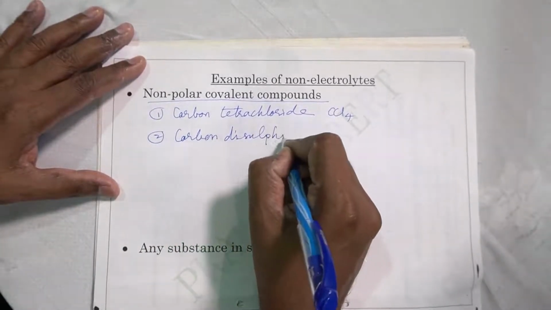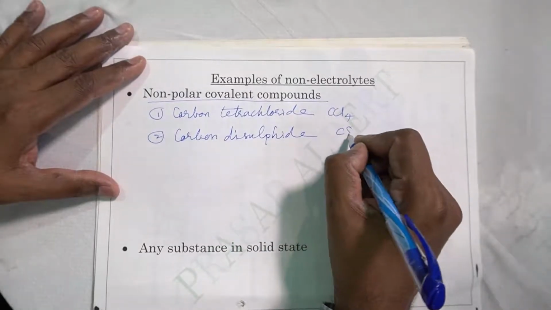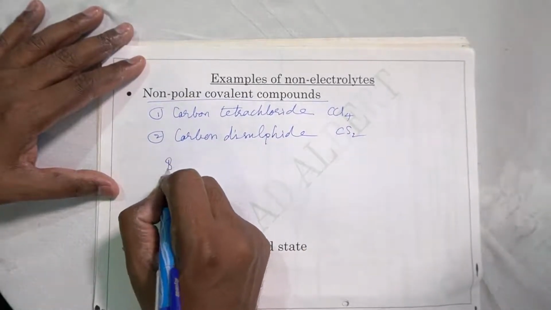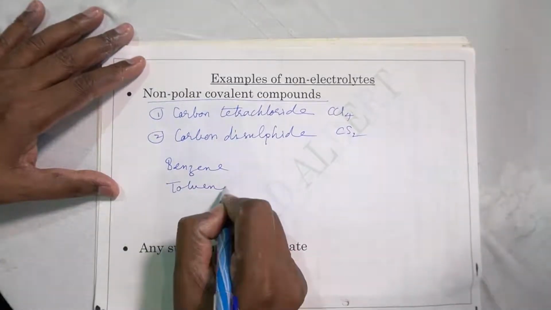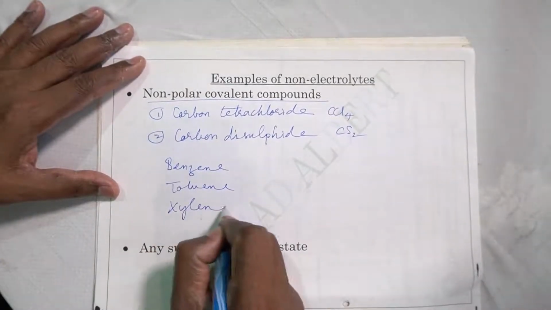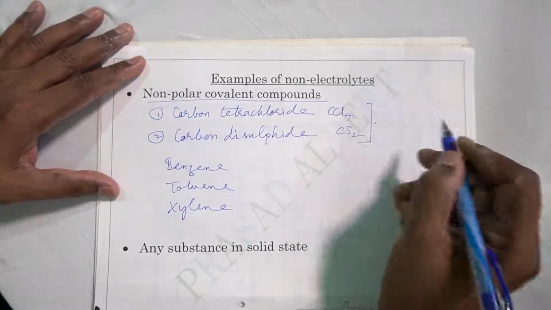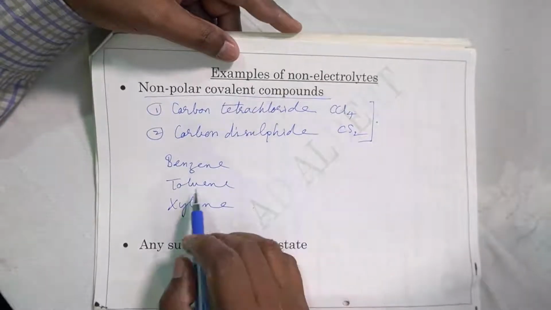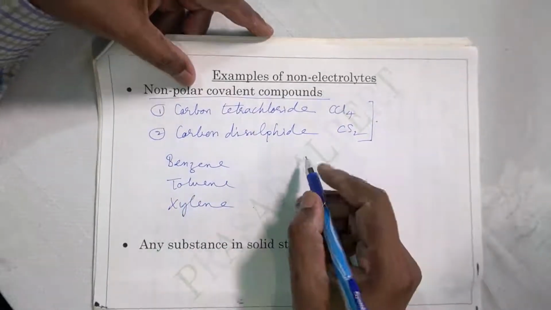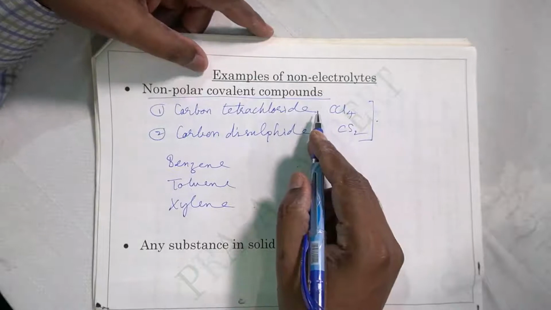We can also have other compounds like benzene, toluene, xylene, etc. Anyway, these two are the main examples for you. So these are all examples of non-polar covalent compounds. Since they do not split into ions, they are non-electrolytes.